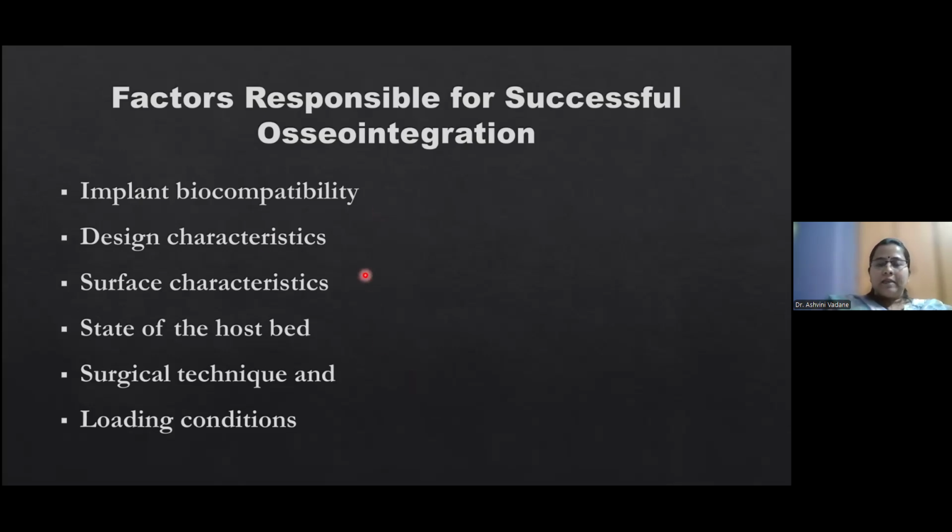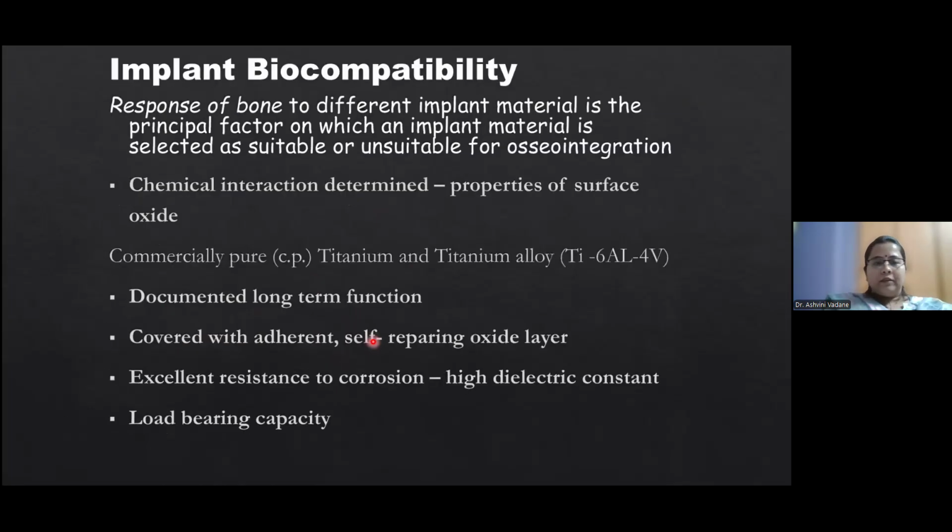Then design characteristics, surface characteristics, and state of the host bed. The significance of these three things we have understood in the mechanism part. Then comes surgical technique and loading conditions. These are the factors.